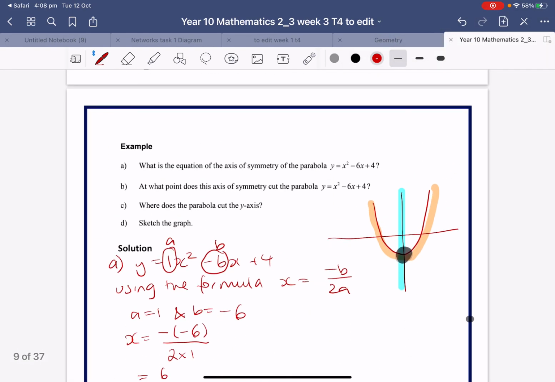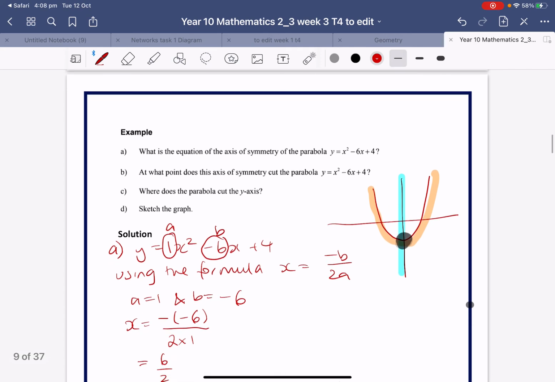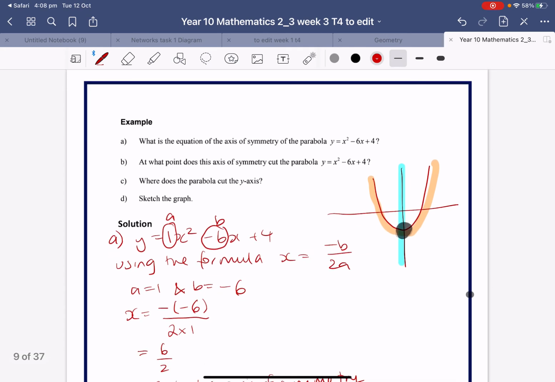Part C is, where does the parabola cut the y-axis? Okay, so there's an easy way to see this. Where does it cut the y-axis? Well, what's the y-intercept? The y-intercept is our constant, our plus 4.